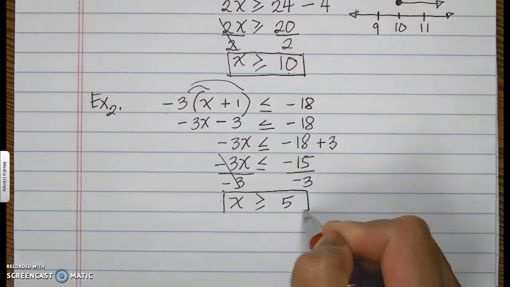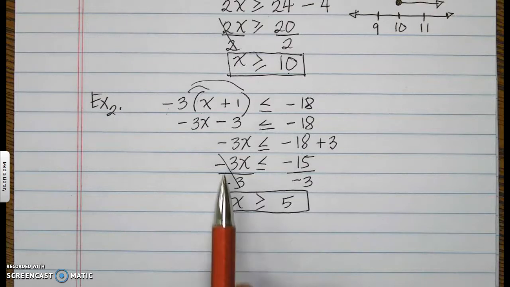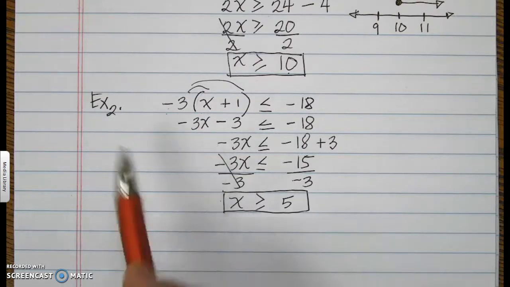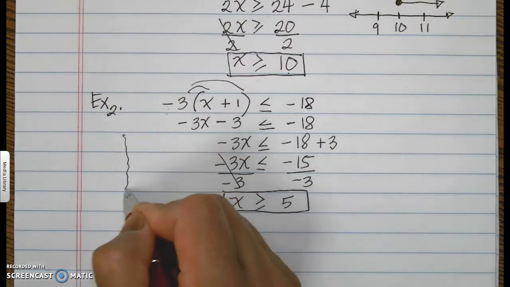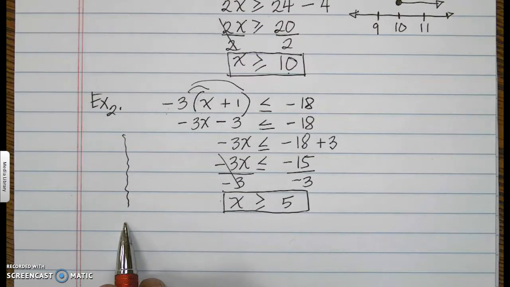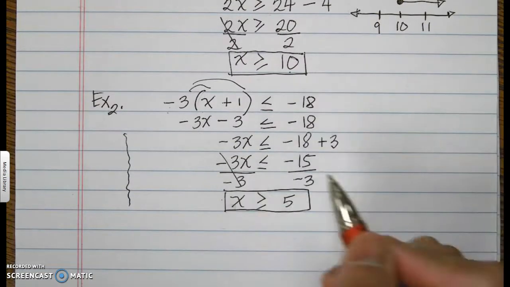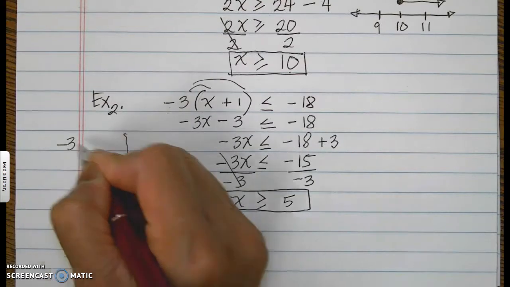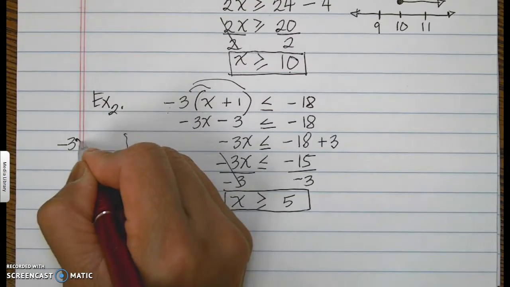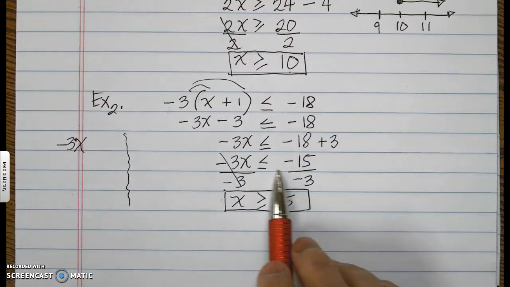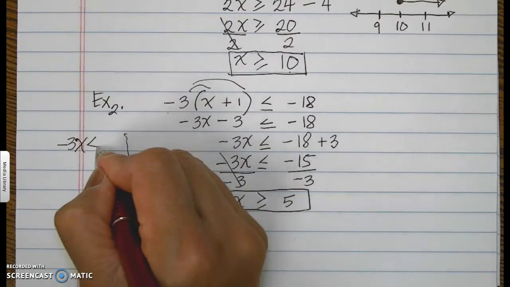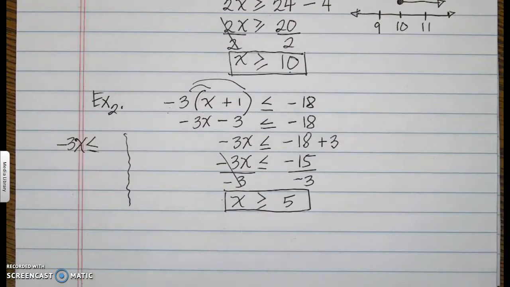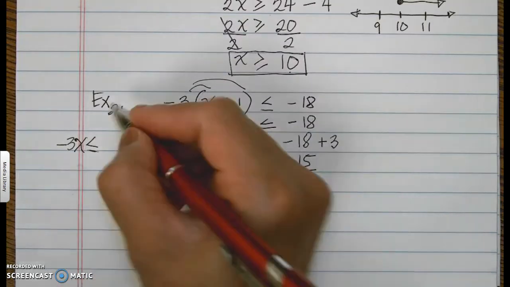And for some of you that are looking at this, there's another way. The other way is you can do negative 3x less than or equal to negative 15.